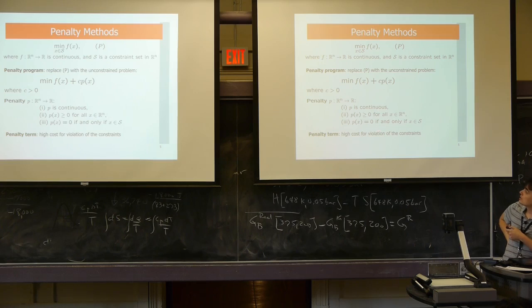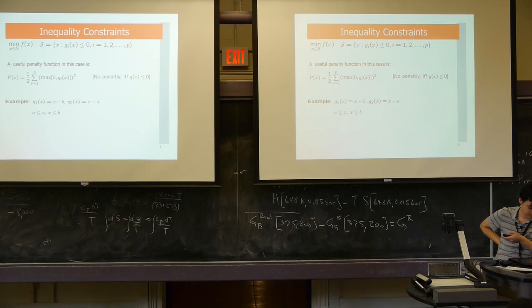To solve this, we introduce a penalty function P, which had these properties: P is continuous, it's non-negative, and it is 0 if and only if x is in our constraint set S. So when we are in S, we don't penalize. Otherwise, we penalize the function f with c times p(x).